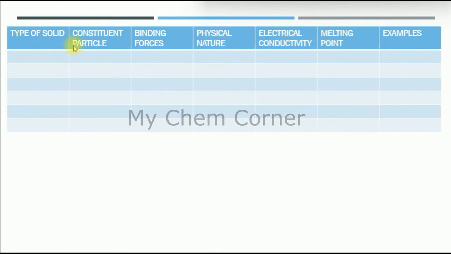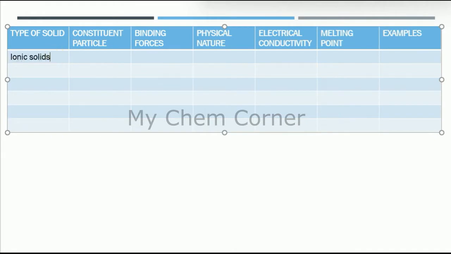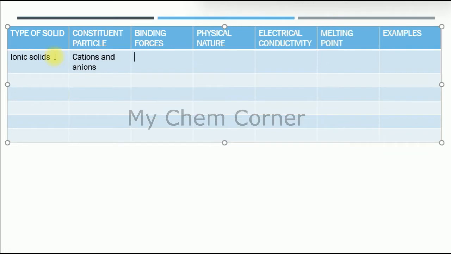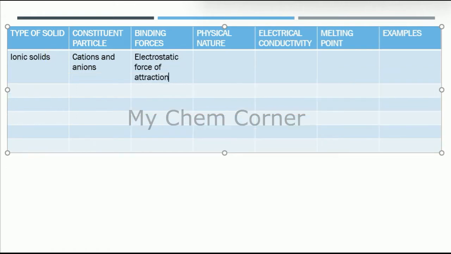In this table, let's fill in the type of solid, the first one being ionic solids. Its constituent particles are cations and anions. The binding force is electrostatic force of attraction.